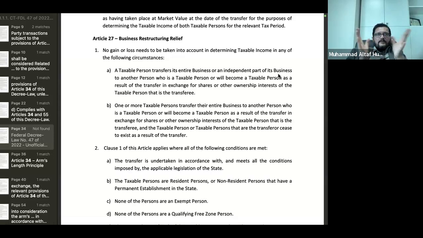To the point, it's a simple answer actually. In your books, the answer is available. Up to the point of transfer, whatever incomes and expenses were there, they will stay in the books, right? You don't transfer the profit and loss account to another company. You transfer only the balance sheet. P&L is still there.